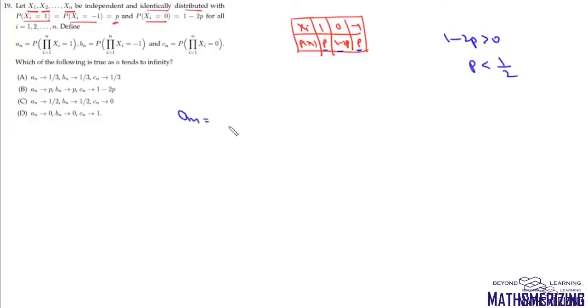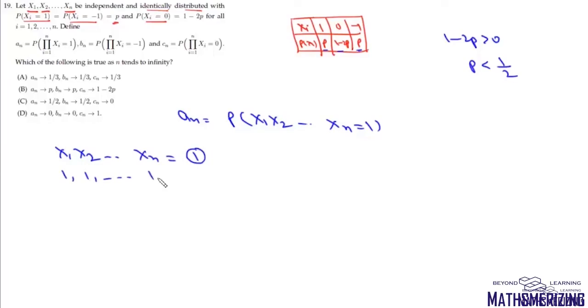Now an is the probability that x1 x2 ... xn is equal to 1. Now first we need to find in how many ways we can choose x1, x2, ..., xn such that its product is 1. Now one of the ways of choosing it is when all the values are 1. So if all the values are 1, then we have only one case.